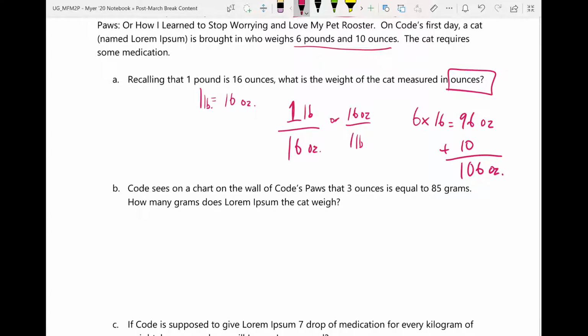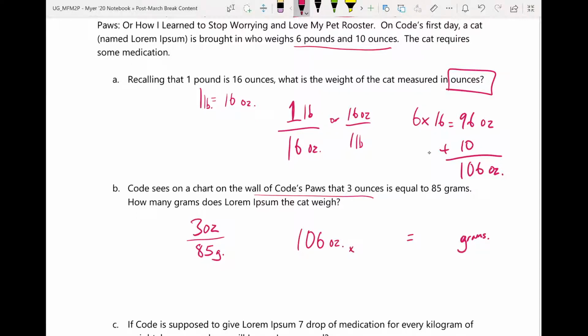And we'd notice that on the chart on the wall, it says 3 ounces is equal to 85 grams. How many grams does a Lorem Ipsum cat weigh? If we know that 3 ounces is for every 85 grams, this goes back into my equation thing where I want an answer in grams. I'm given that I have 106 ounces.